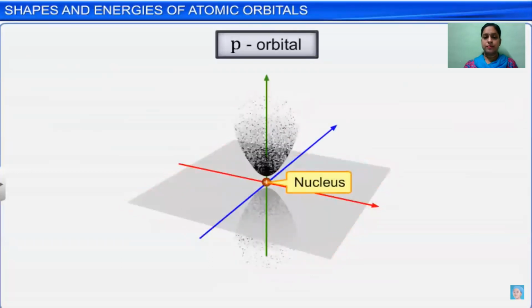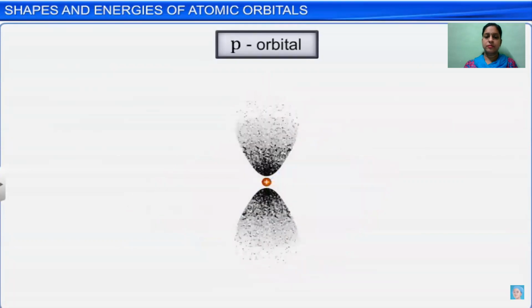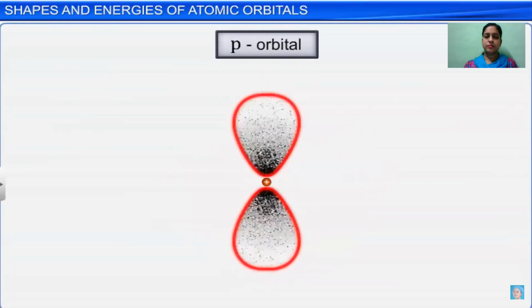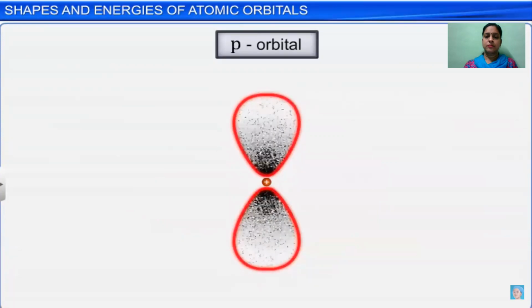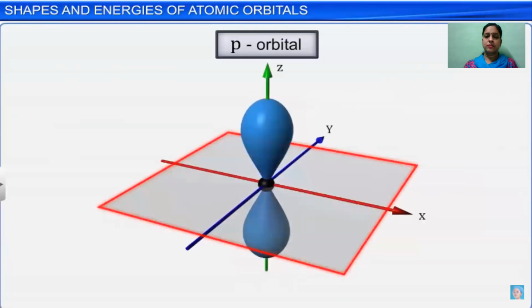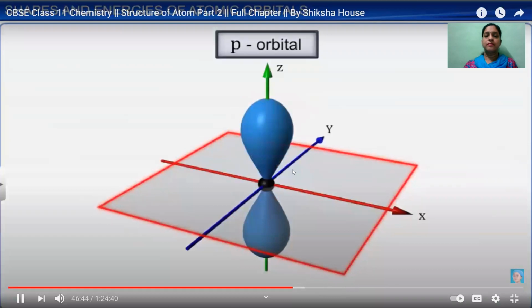The shape suggests that the probability of finding the p electrons is the maximum within the two lobes. The probability density function is 0 on the plane where the two lobes touch each other. Since the azimuthal quantum number l is equal to 1.